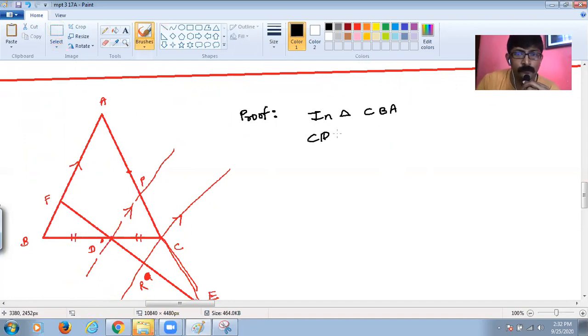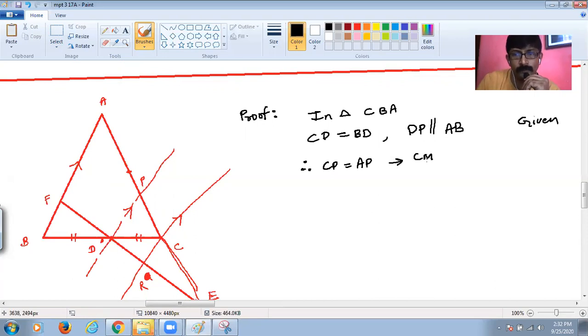CD is equal to BD and DP is parallel to AB. This is all given, so we are writing it, and we have already written that, isn't it? Therefore, we can say that CP is equal to AP by CMPT.